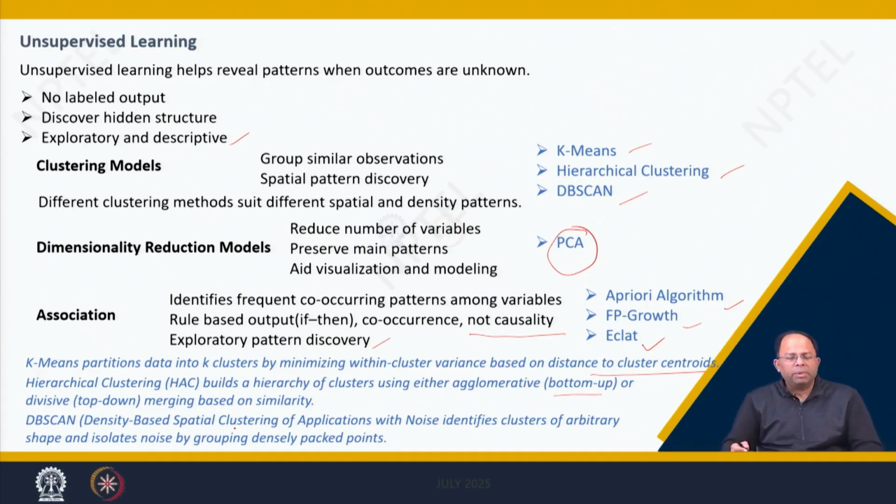So one is bottom up and the other is top down. And then there is DBSCAN, which is density-based spatial clustering of applications with noise. This identifies clusters of arbitrary shape and isolates noise by grouping densely packed points. So it is more about the density of those points that is being considered.